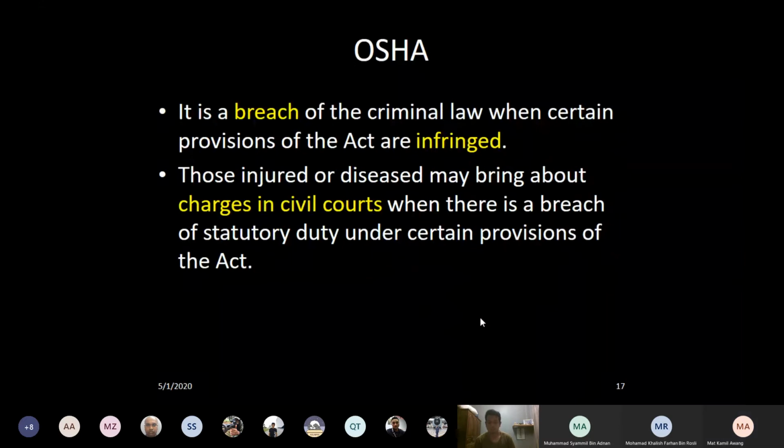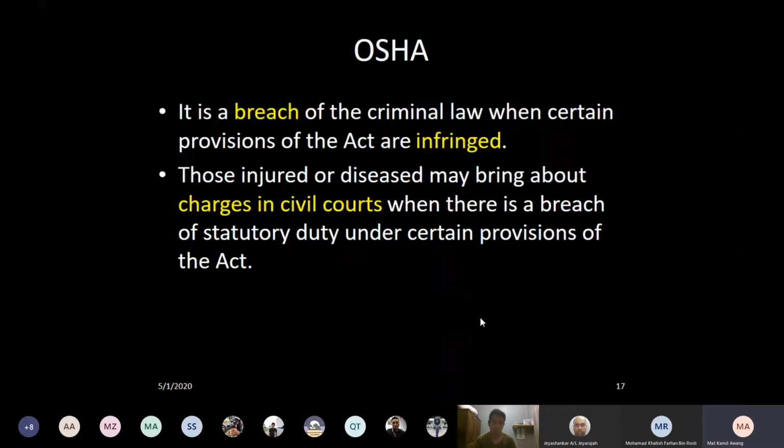It is a breach of the criminal law when certain provisions of the Act are infringed. When you breach the provisions in this act, it is a breach of criminal law, not civil law. Those injured or diseased may bring charges in civil courts when there is a breach of statutory duty under certain provisions of the Act.